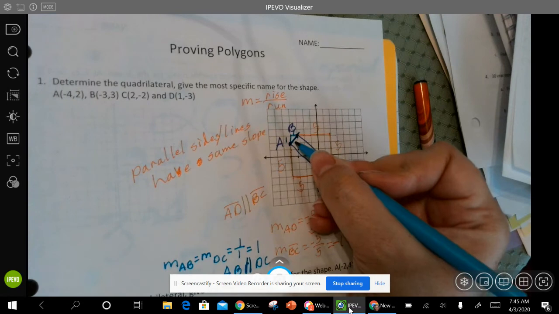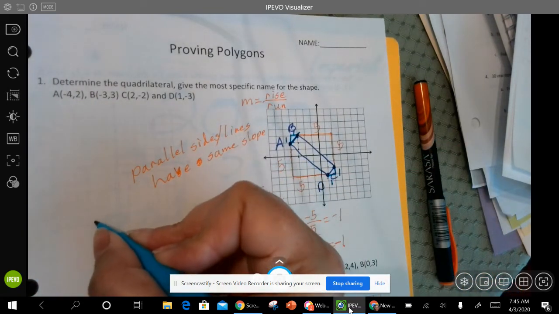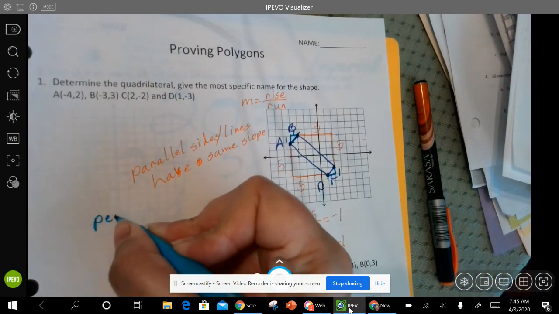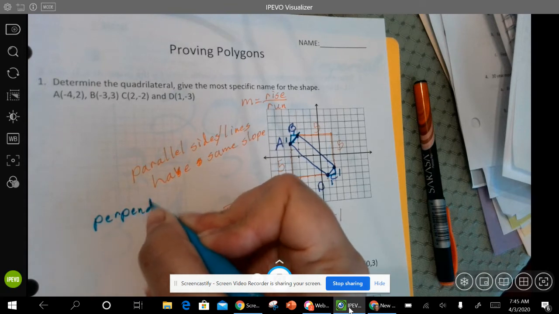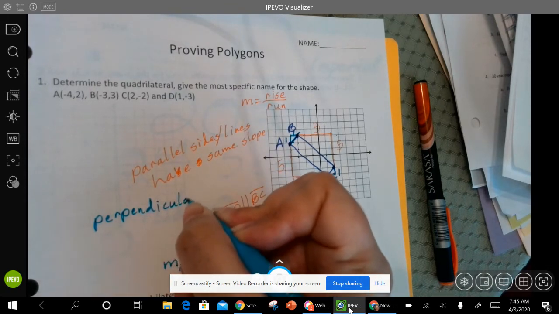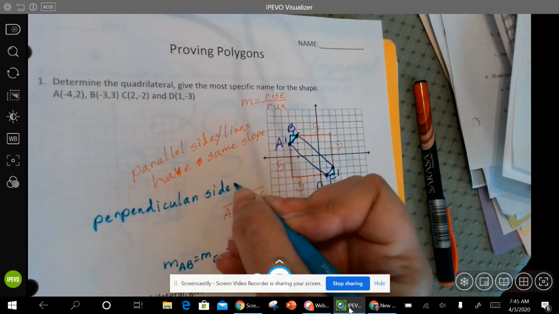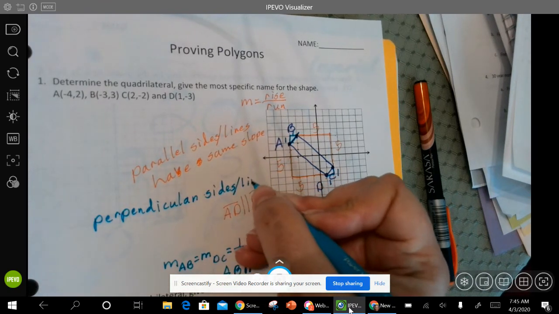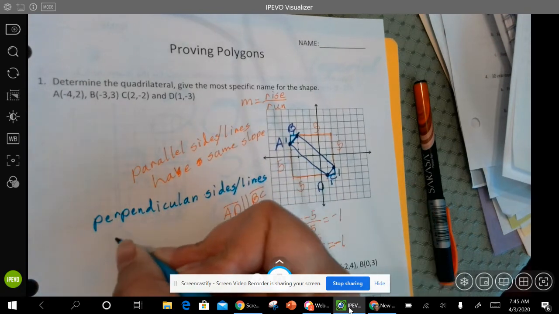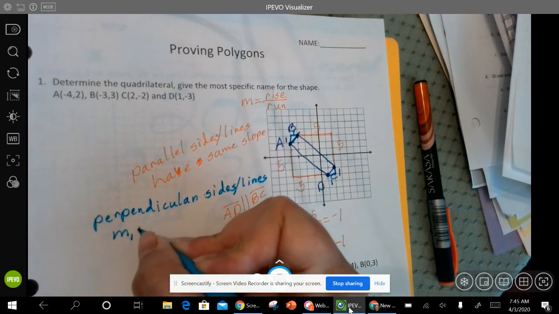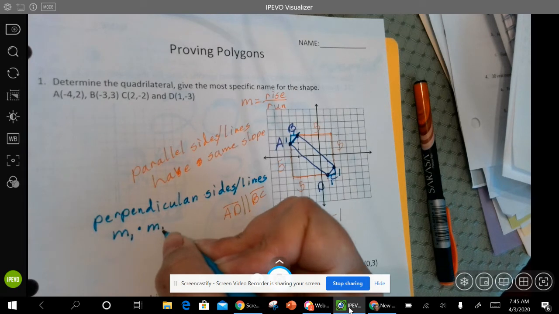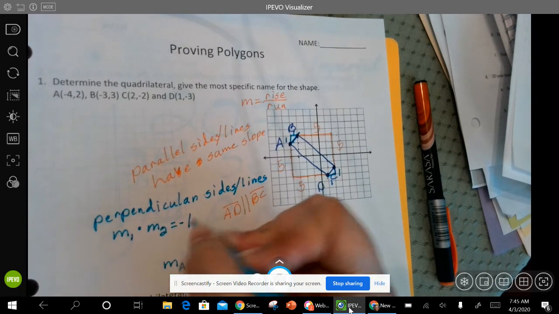If we want to prove that it's a rectangle, so for perpendicular lines, this is going to help you when we do the proof. So this is why I'm going over this. So perpendicular sides or lines, okay, the slope, when you multiply those two slopes together, they should equal negative 1.